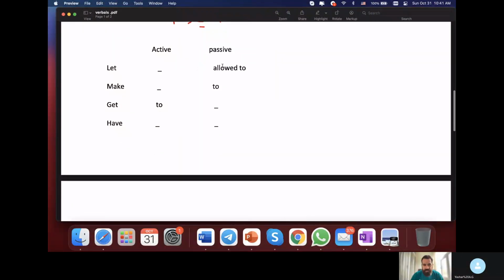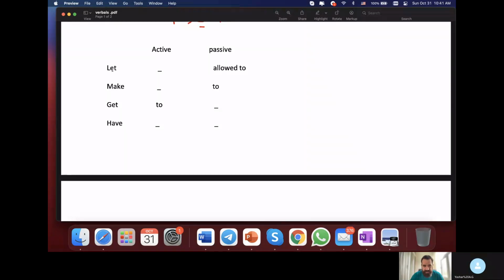We have some verbs which are called causatives. Causatives are let, make, get, and have. This chart can help you remember it much more easily. When it is let in active voice, we don't have to.